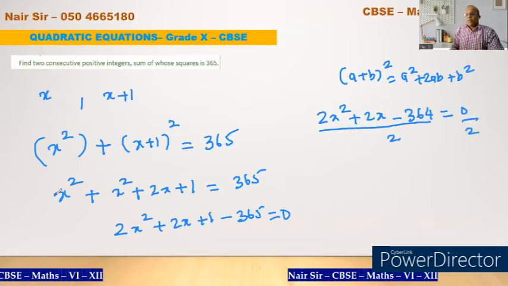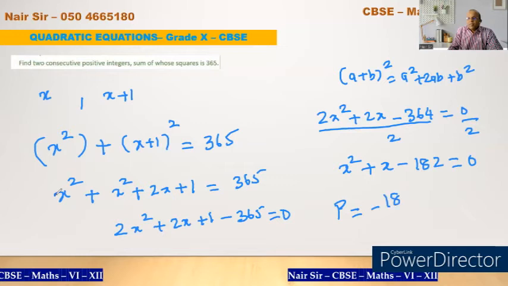So this becomes x squared plus x minus 182 is equal to 0. Now you need to find two numbers whose product is minus 182 and sum is 1. Got it? That's a quadratic equation, and then you will get the answer.